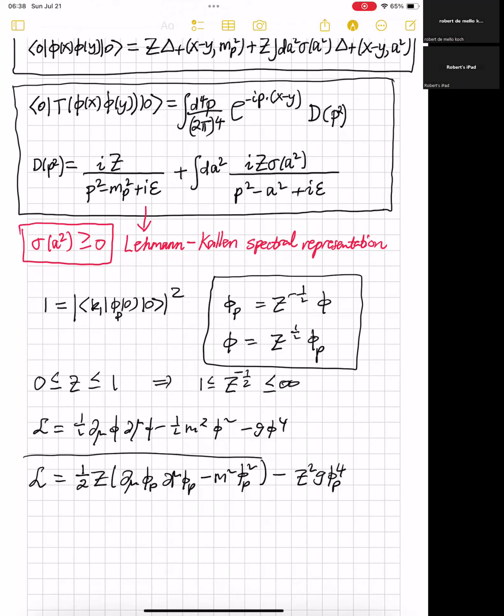And we've now expressed our Lagrangian in terms of the physical field strength. Okay.